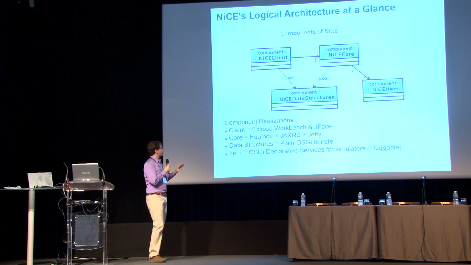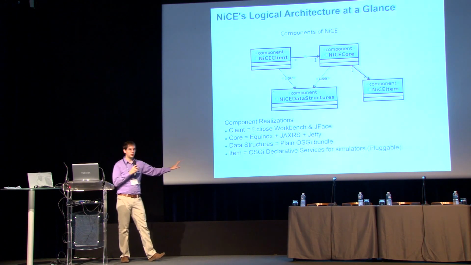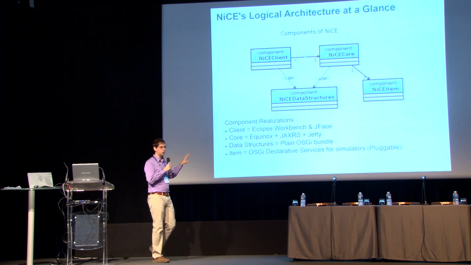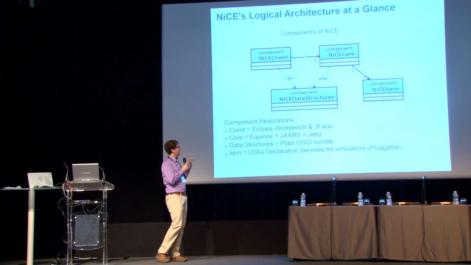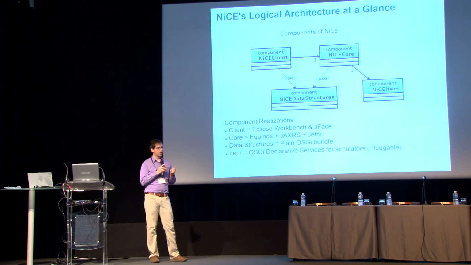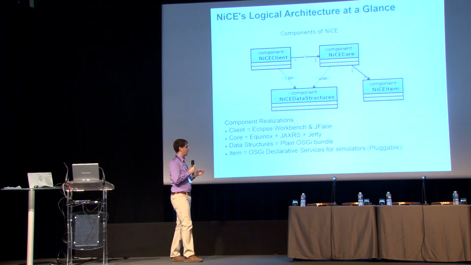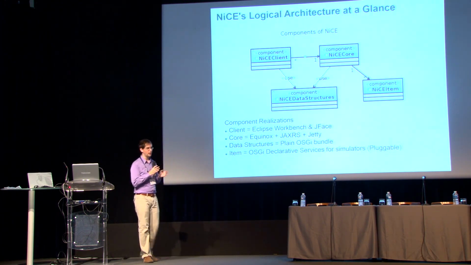We have data structures that are devoted strictly to the model, the model that contains the data that you're pulling from the simulation. And for different activities like creating the input, launching, and analyzing, we have items. So items are more or less an activity that you're doing in NICE.